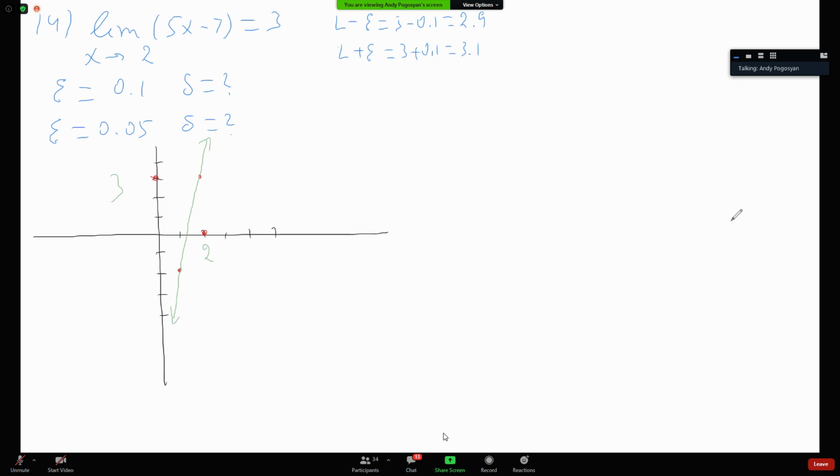So 3.1 goes somewhere here, with a corresponding value here, and the other one goes here. So I have 2.9 and 3.1. I need to find x1 and x2 to be able to find the deltas.